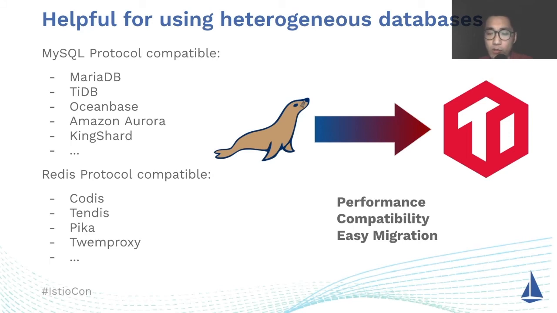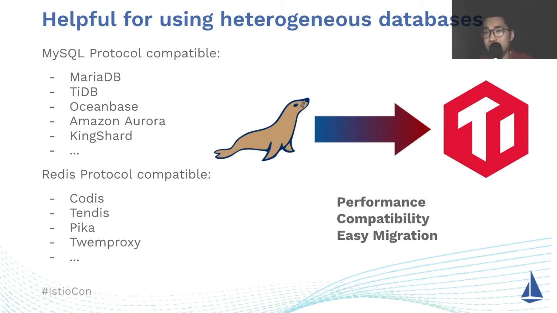When we want to use a heterogeneous database to replace the currently used database, like you have a MariaDB but you want to migrate to TiDB, you will maybe ask 3 questions.